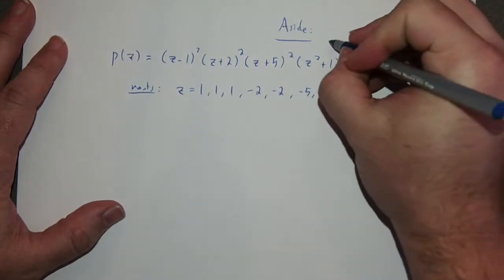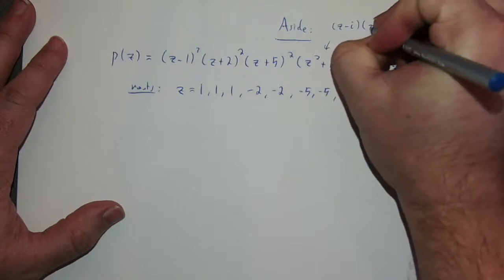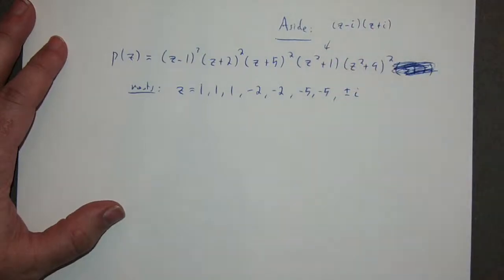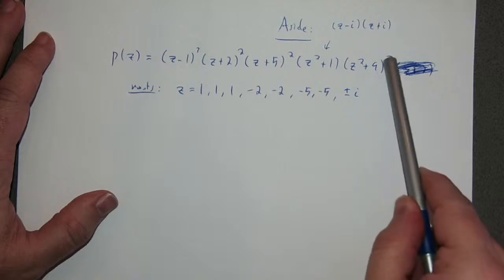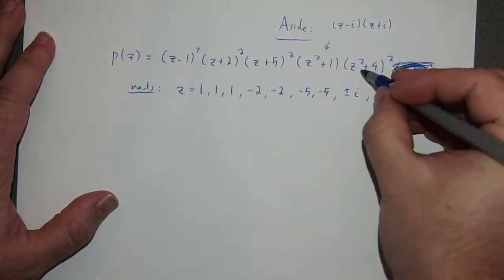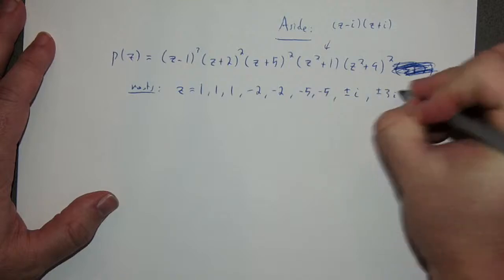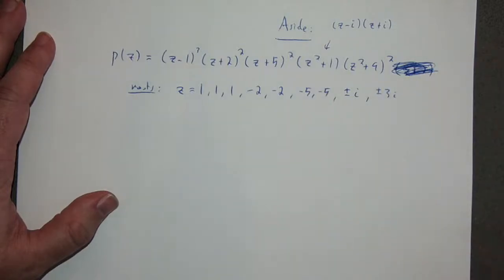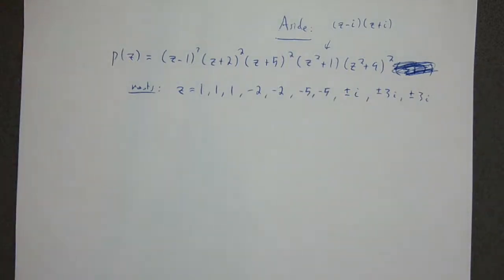You can think of having factored this as z minus i, z plus i, if you like, in which case both of these show up once. For this thing, z squared plus 9, squared, I get plus or minus 3i and plus or minus 3i again.